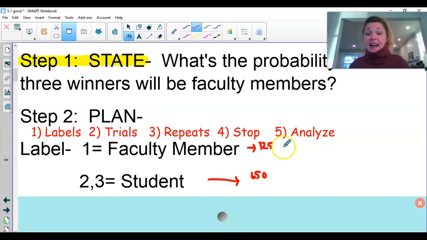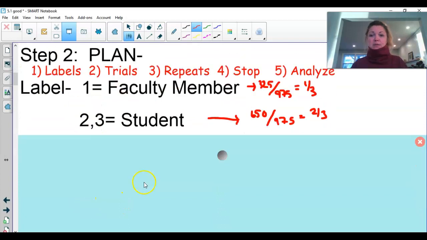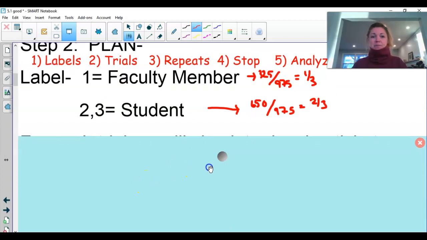Together, we have 975, and the faculty share simplifies to 1/3. And 650 divided by 975 total tickets in that jar simplifies to 2/3. That's why I chose the numbers 1, 2, and 3: 1 is 1/3 of my 3 numbers and represents a faculty member, and 2 and 3 represent students, 2/3 of the 3 numbers.